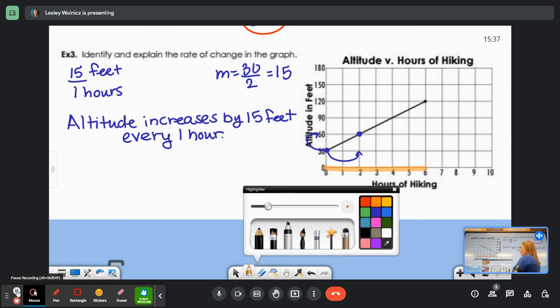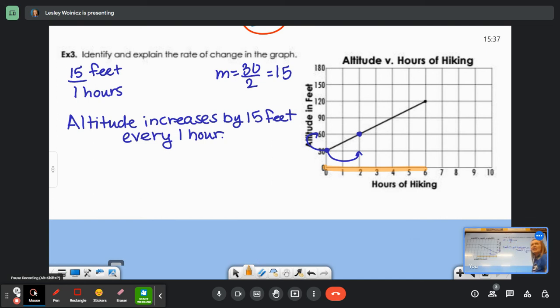What is the smallest possible X value that we can have for our hours of hiking? 0. Can we have negative hours of hiking? No. Thank you. Okay, so the domain is 0 to 6 hours of hiking.